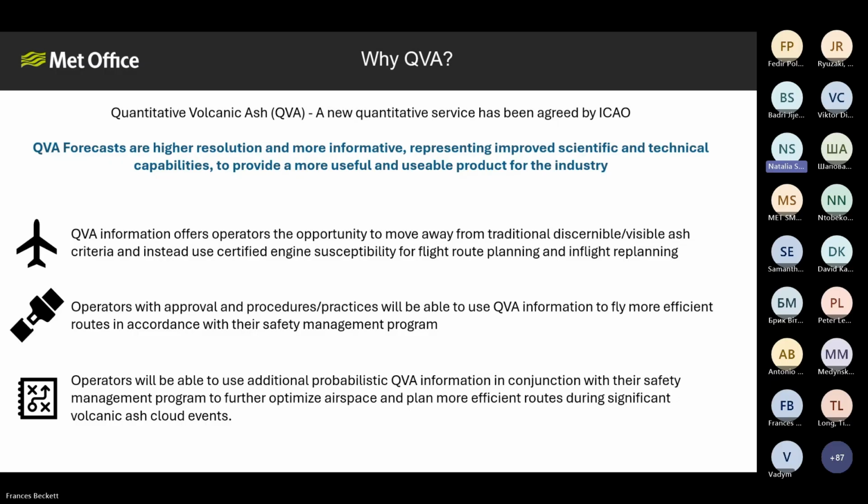We're providing quantitative output, which will mean that operators with approval or procedures in place will be able to use that information to generate more efficient routes. And we will also, as you've heard, be providing for the first time probabilistic forecasts, which will further help to optimize airspace planning.